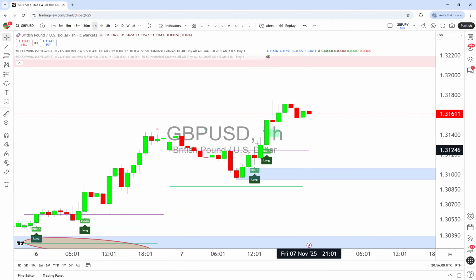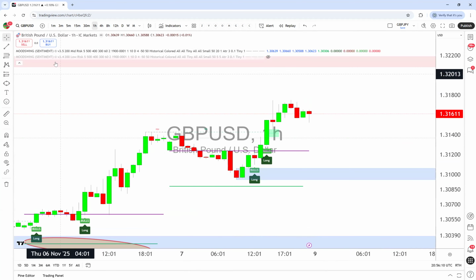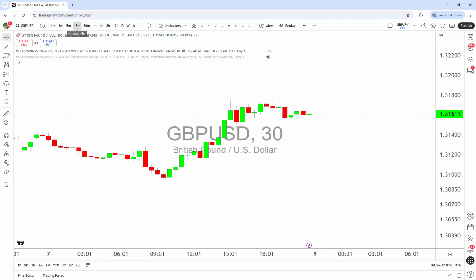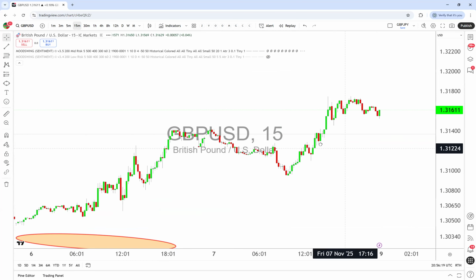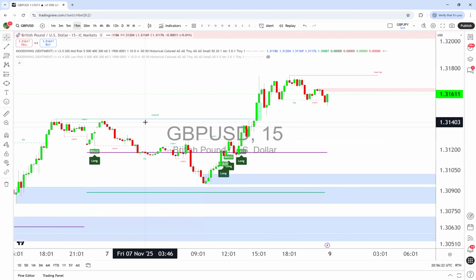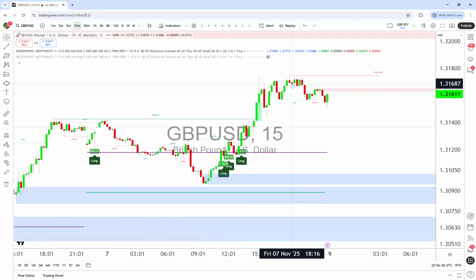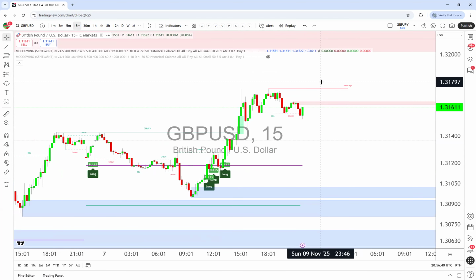So say, for example, on GBP USD on Friday, we did get in on this bulls and long, but if we go down to a smaller time frame, we have our supply demand zone here. This is a rejection off of it, then we get the bulls or the longs, whichever. That is your confirmation that we could get in there now for the buys. It makes it a whole lot easier.